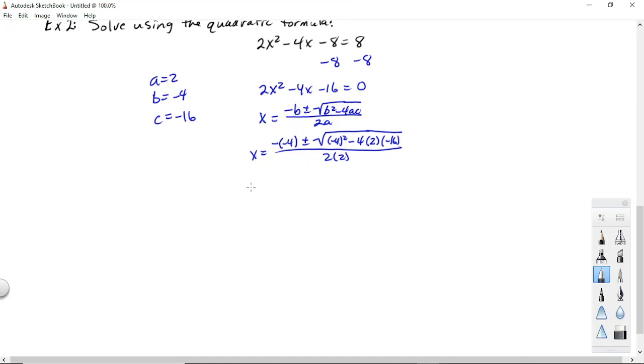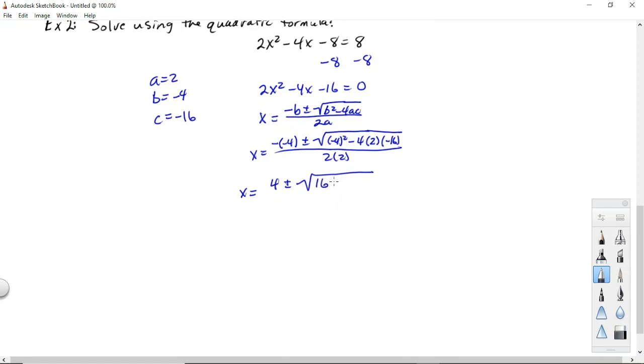Okay, so let's go about simplifying everything. So negative of negative 4 is positive 4. What goes under that radical? Our negative 4 squared right there, well, that's going to be 16, right?